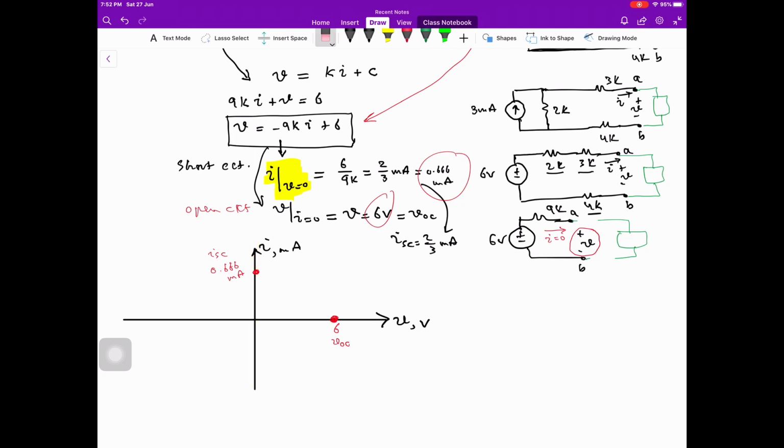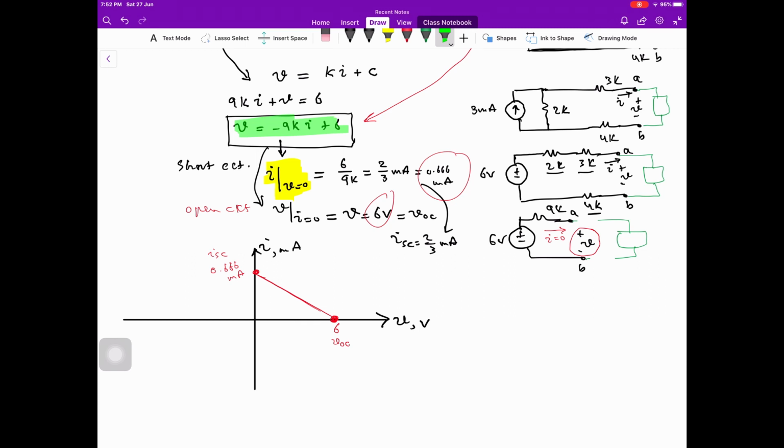Now if we join these 2 points, we have a straight line, and this is the equation of a straight line over here.